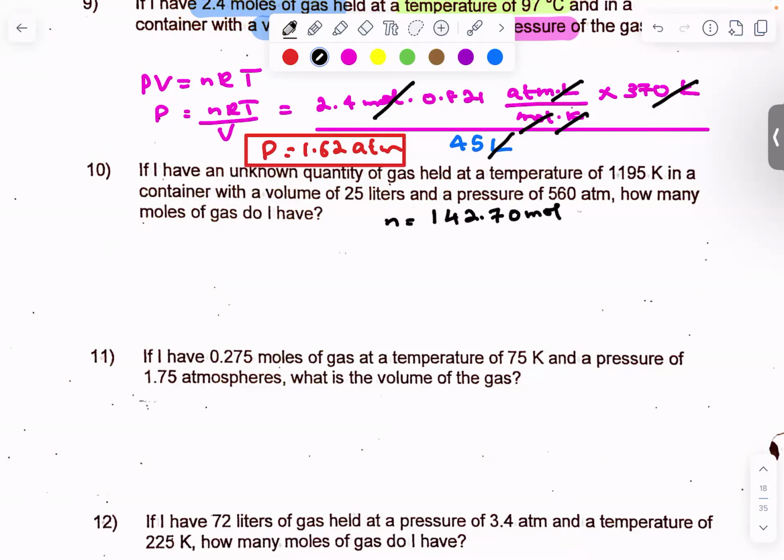Okay, let me check again. I think I'm getting a different answer. PV equals nRT. So I did PV over RT equals n. So 560 atm times 25 liters divided by 0.0821 atm times liters over moles times Kelvin times... Okay, just let me check again.